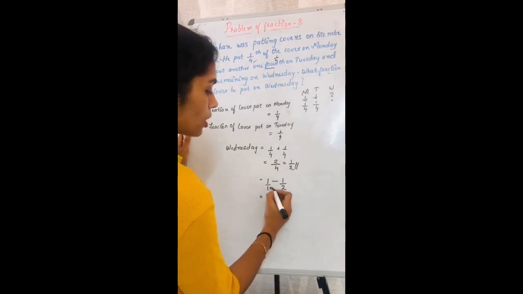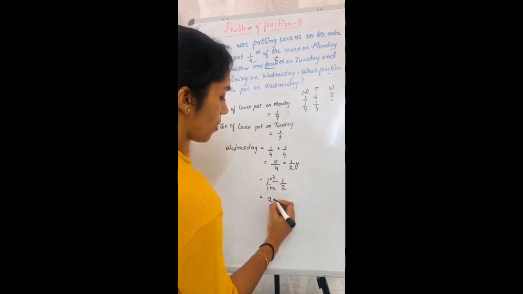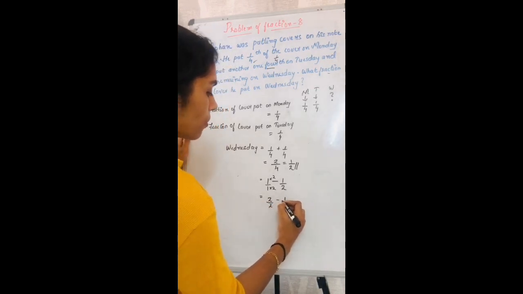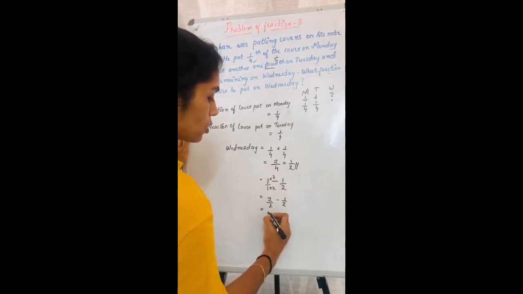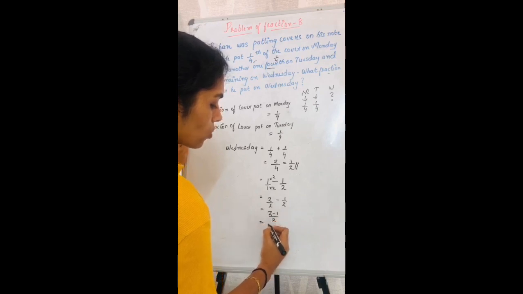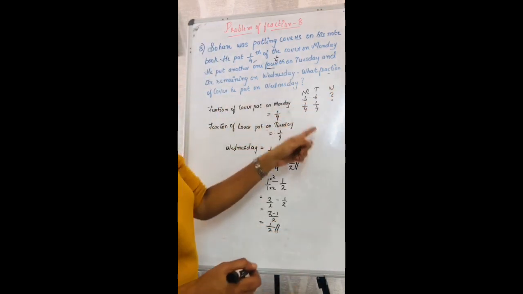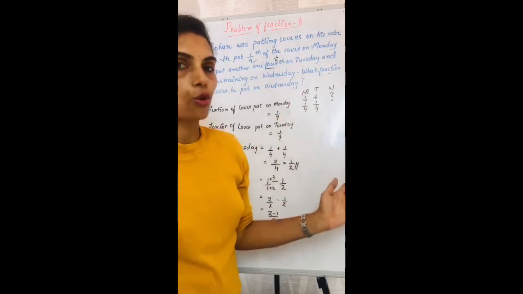Again, make the denominator the same. So 2 by 2 minus 1 by 2, that is 2 minus 1 by 2. What is the answer you get? 1 by 2. So on Wednesday, he completed half of his covering.